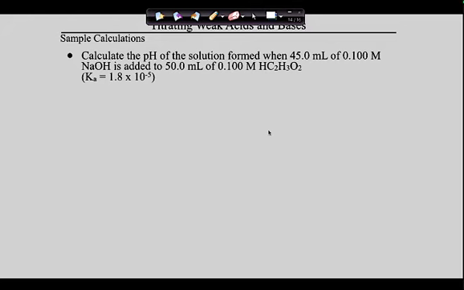It says calculate the pH of the solution that's formed when 45 milliliters of 0.1 molar sodium hydroxide is added to 50 milliliters of 0.1 molar acetic acid.